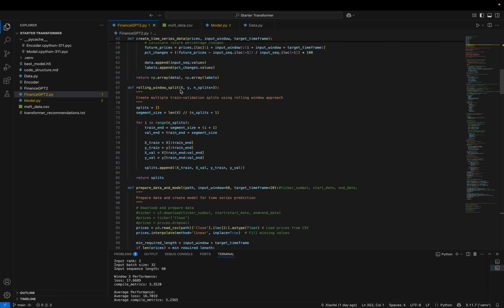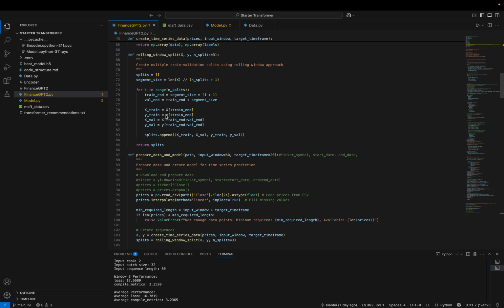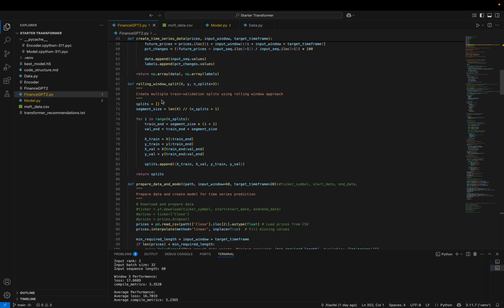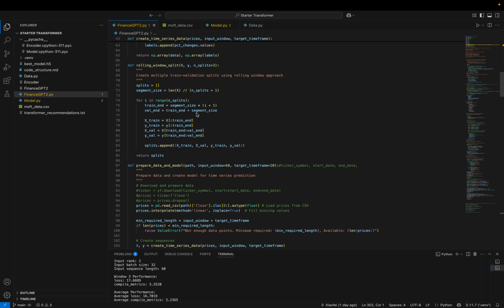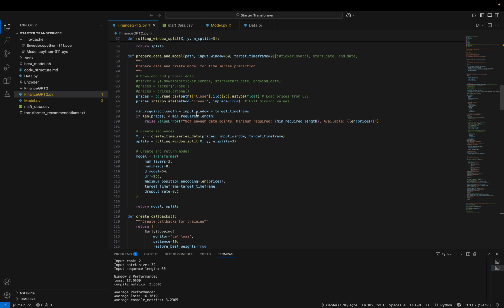And this splits the training features and the target feature into training and validation data using a rolling window. So it splits the data into n splits amounts. So I have 3 sets of training and validation data. This one prepares the data model.